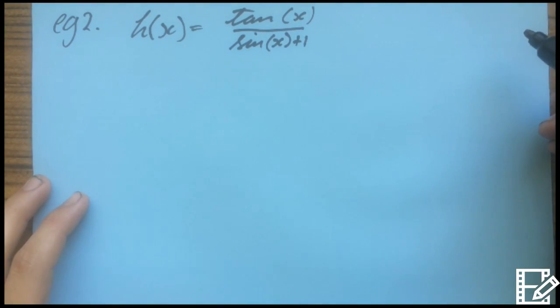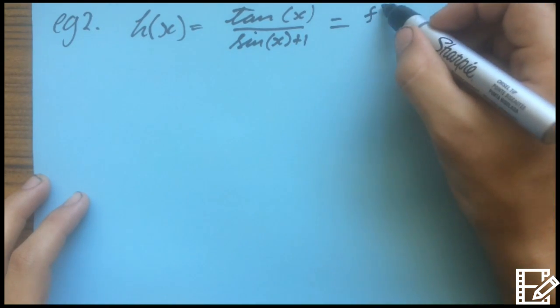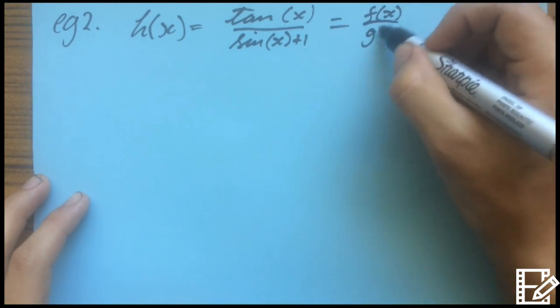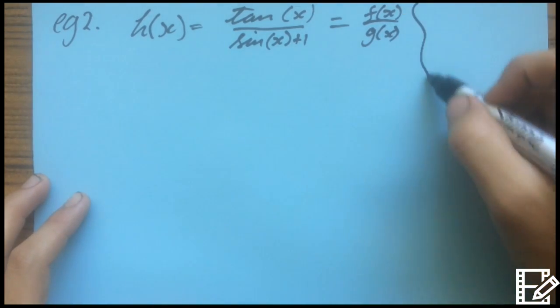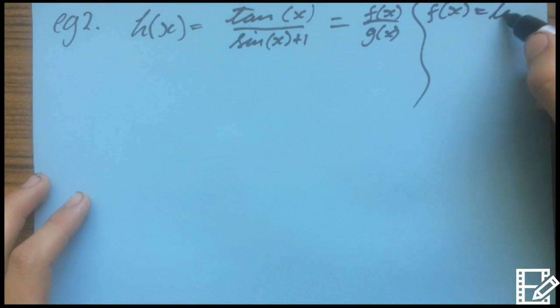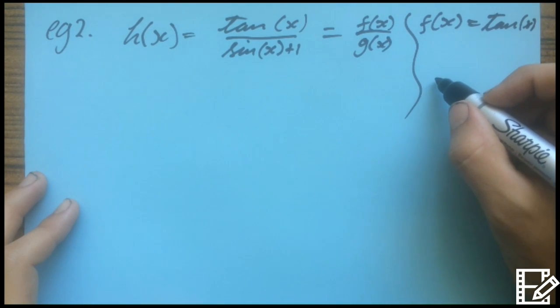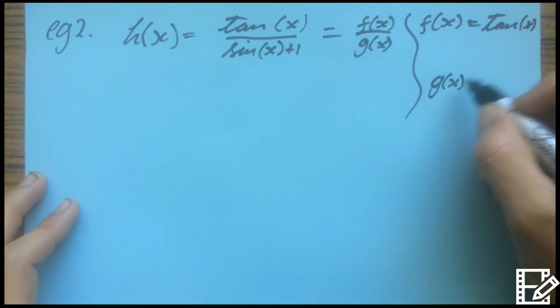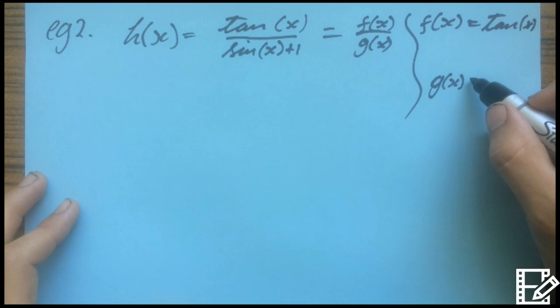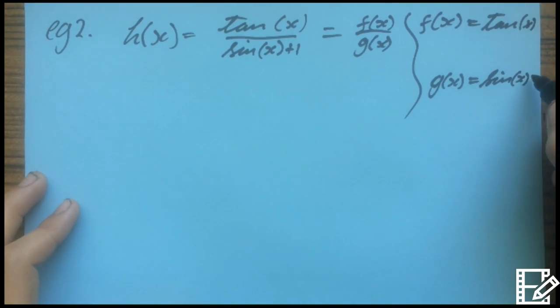So, we know when we have a function over a function, call that f(x) and g(x), separate the page and label them. f(x) can be tan x, and g(x) can be sine x plus 1.